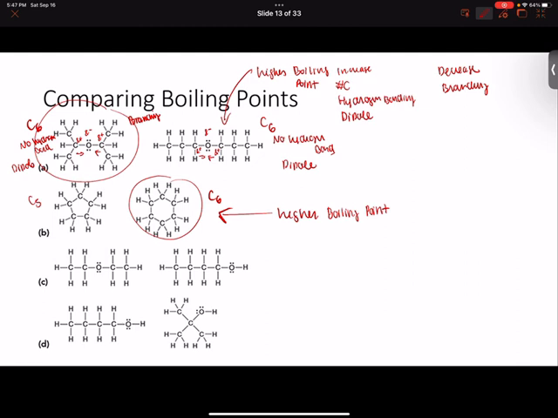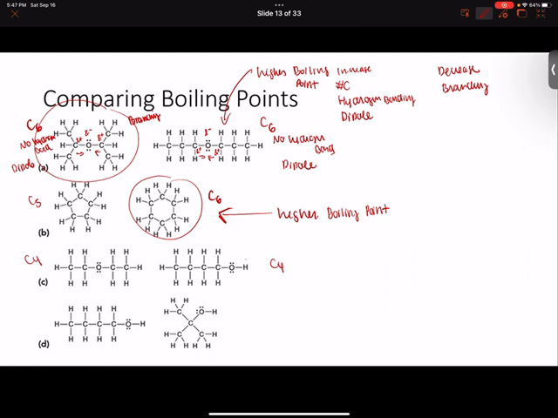And let's see, we can look at the next one. We have 1, 2, 3, 4. We have 4 carbons. Then for the number of carbons, we have to look at hydrogen bonding.